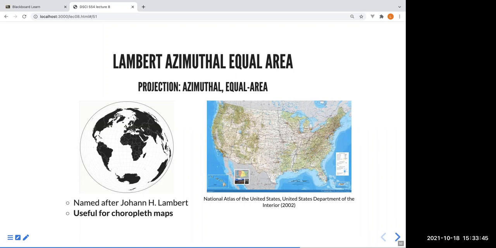Azimuthal means that it's using a plane, and equal area means that it preserves the areas. Right? So here we see an example where it's used, I think the USGS is using it for the United States. And because it preserves the areas, that's useful for choropleth maps.